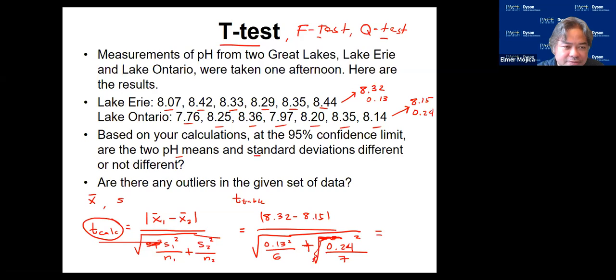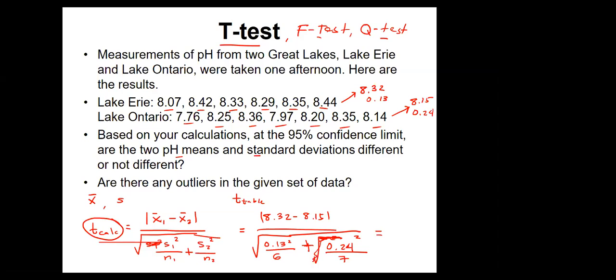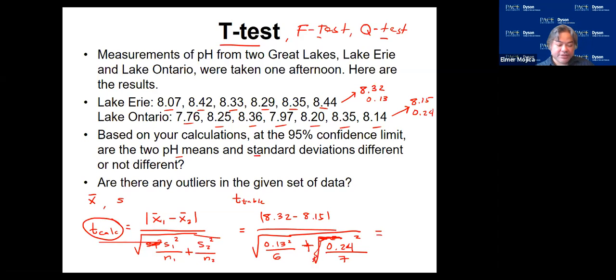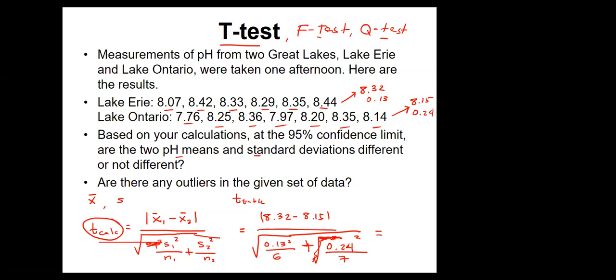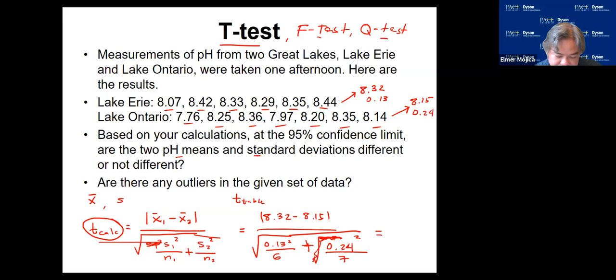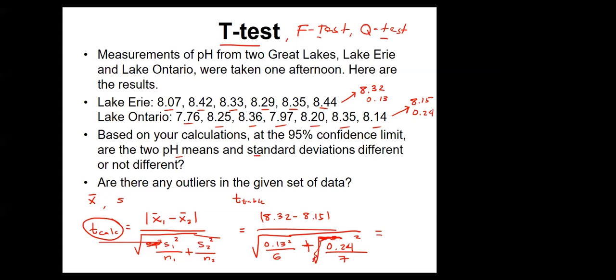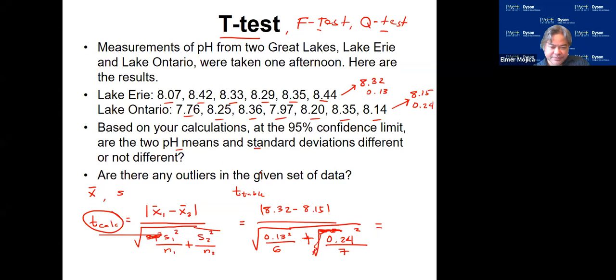What value did you get? I got 1.6. Okay, so everybody got 1.6? Yeah, I got 1.6 too. Okay, so we have 1.6 there.